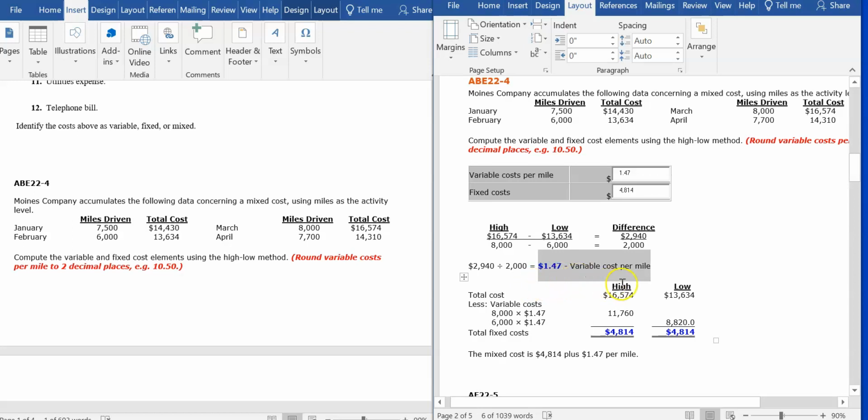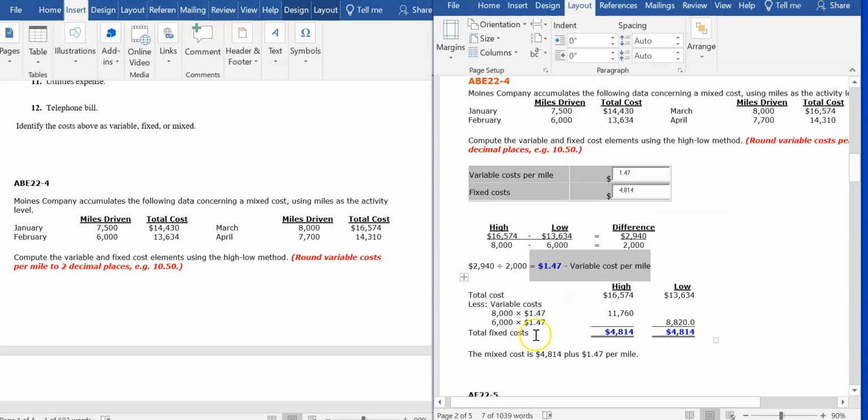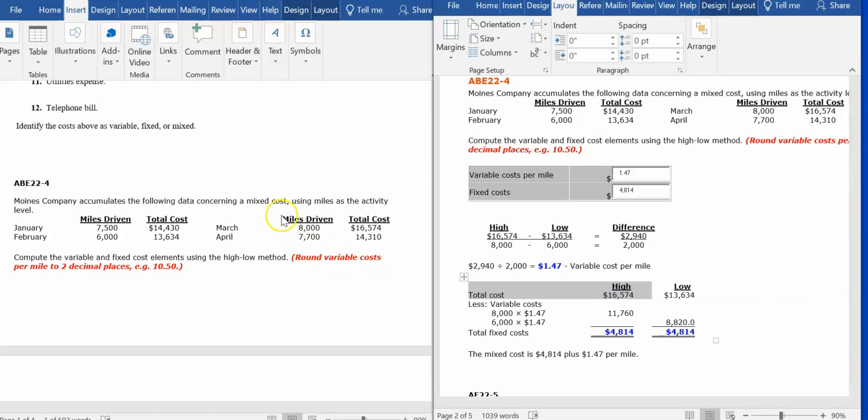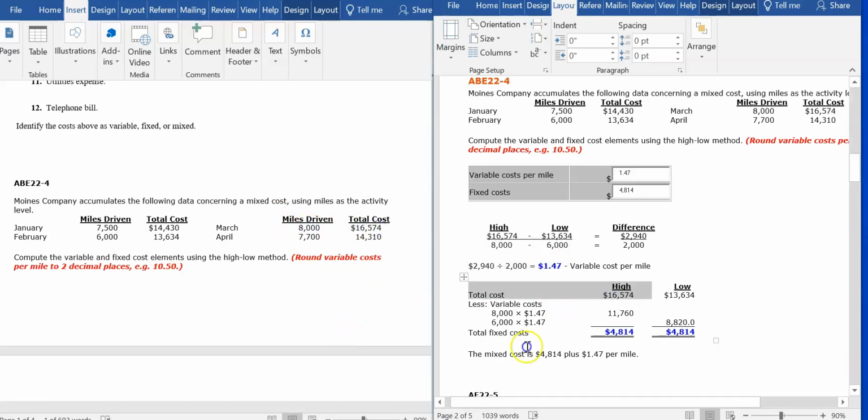Once we have the variable portion, we are going to take one or the other of the data points, and we are going to plug in the variable rate to determine what the fixed portion is. Okay, what do I mean by that? Let's try it first with the high data point. Remember, the total cost incurred at the high data point was $16,574.